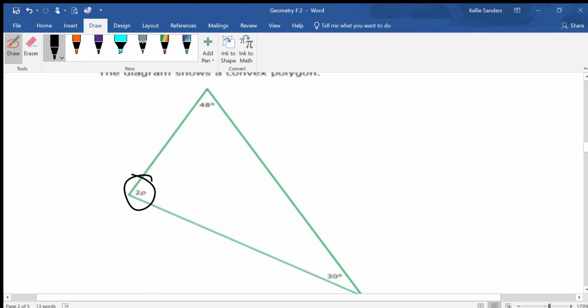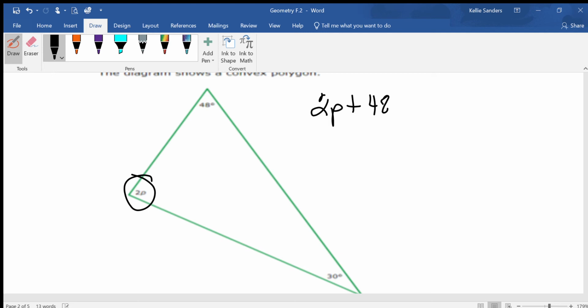Same thing, whenever you have a number with a variable, the safest thing to do is to write it all out. 2p plus 48 plus 30 will equal 180. Now, these are like terms because they don't have p's.